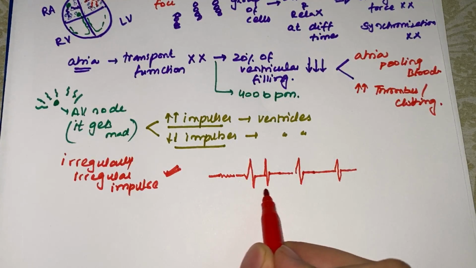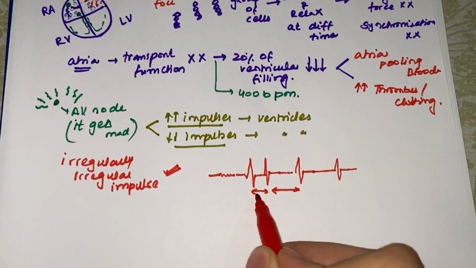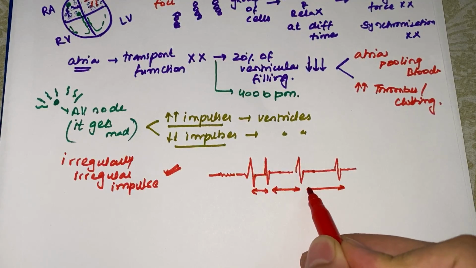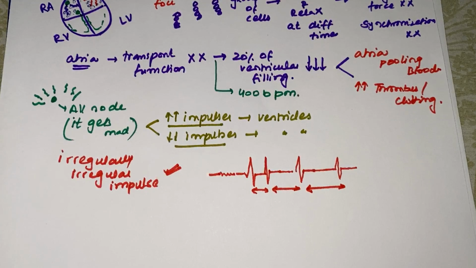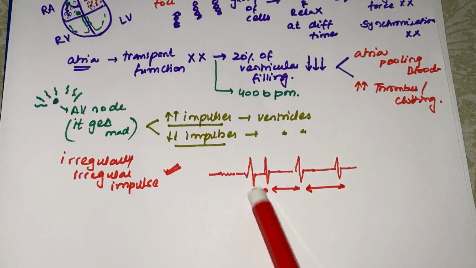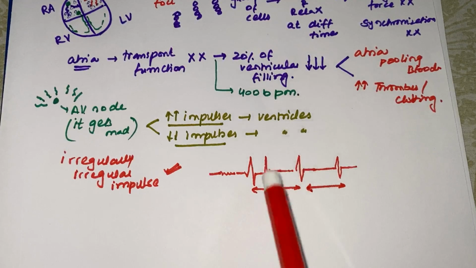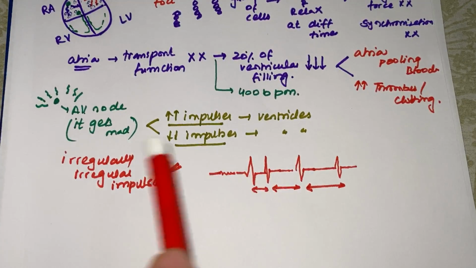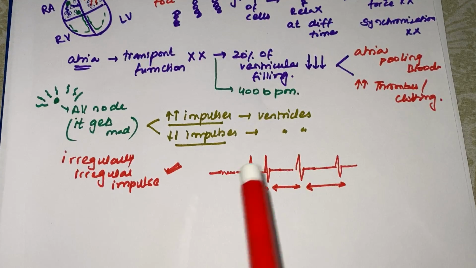Now look here, there is very little interval, then here again a higher interval than before, then more than before, again somewhat less, and so on. So irregular pulses would be present at irregular intervals. That is why this impulse within the ventricles is called irregular impulse. Fine.